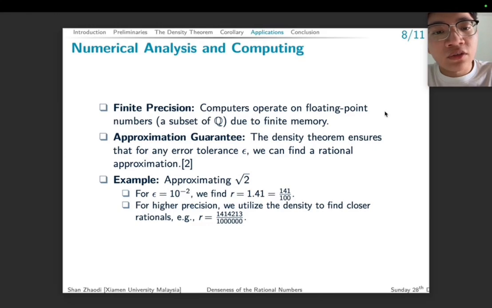The density theorem guarantees that for any error tolerance, no matter how small, we can always find a rational approximation. For example, to approximate the square root of 2 with error 10 to the power of negative 2, we can use 1.4 to approximate. We are always safe to approximate.